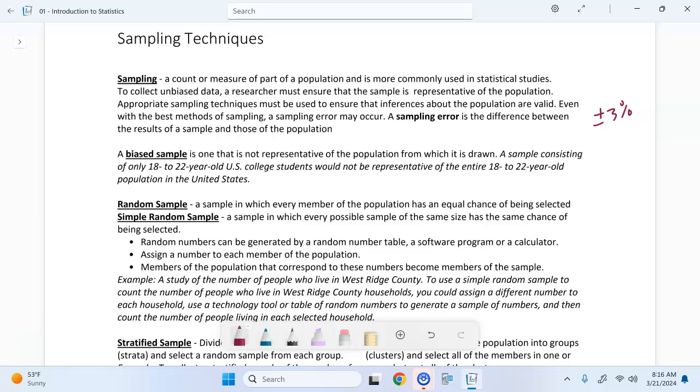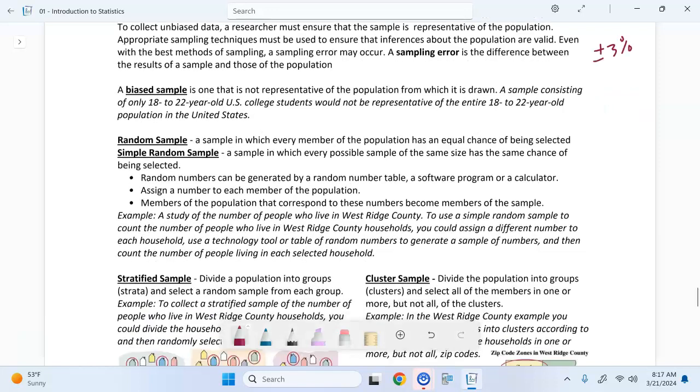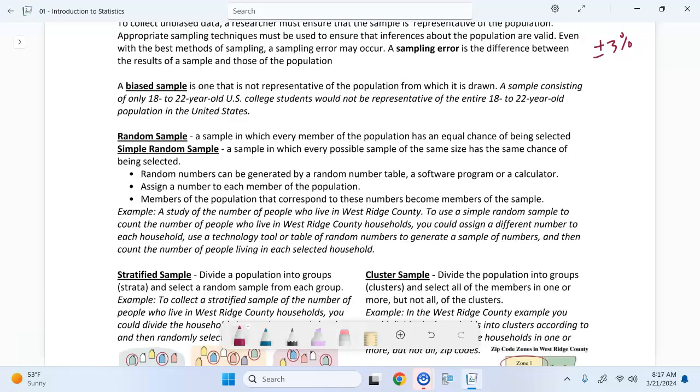A sample of consisting only 18 to 22-year-old college students would not be representative of all 18 to 22-year-olds because they are completely leaving out anyone who didn't go to college, anyone who chose to just go straight into work, or someone who went into the military. You are excluding an entire section of the population by only including college students between the ages of 18 to 22. So you have to look very carefully at what your population of interest is and make sure it applies to them.